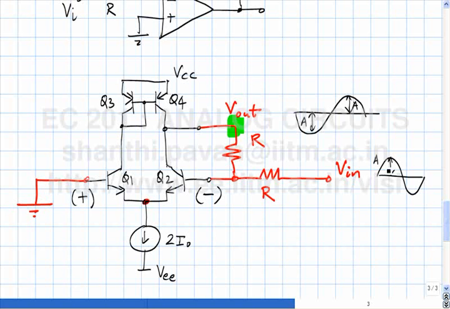V in goes up, and in this fashion, V out will attempt to go down. The moment V in goes up, V out goes down. And what happens? Q2 will go into saturation, thereby causing the sine wave to stop. Is that clear?